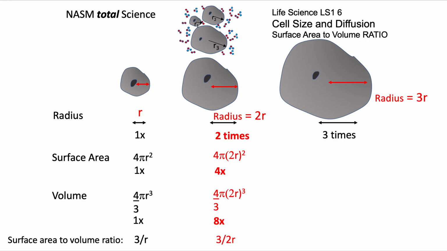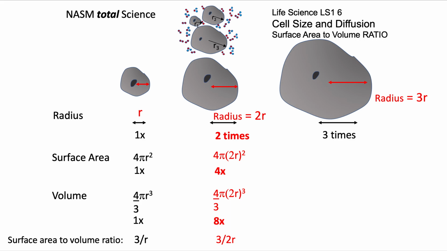Our surface area is now 4 pi times 2r all squared, which is 16 pi r squared. And our volume is 4/3 pi times 2r all cubed, which is 8 times as much. And so when you put them together and cancel out, you get 3 over 2r.